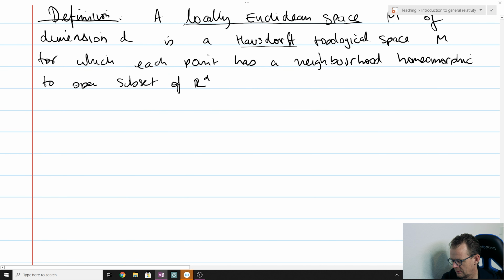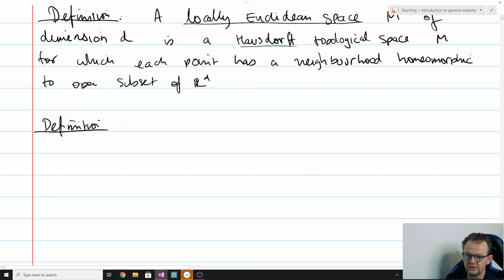So following this route, we are now able to commence the full definition of a differentiable smooth manifold by layering on additional structure on this definition.